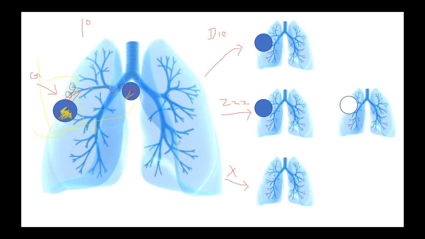If the disease is progressing and multiplying, you will see lots of disease process going on in your lung, in that area of the Ghon focus and potentially spreading, as well as in your lymph node.